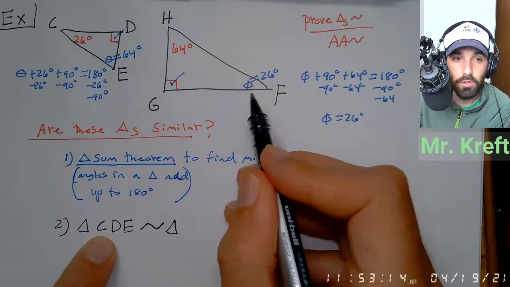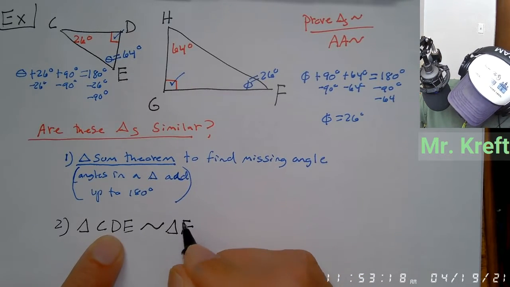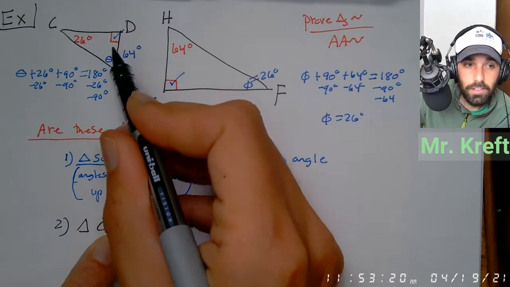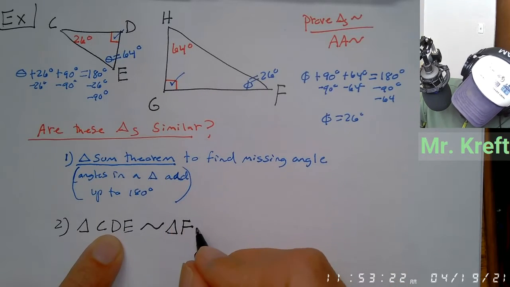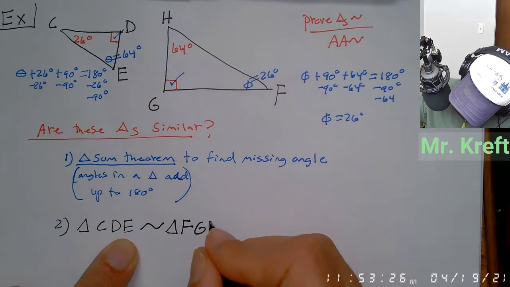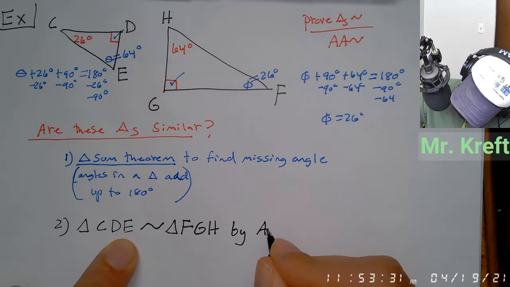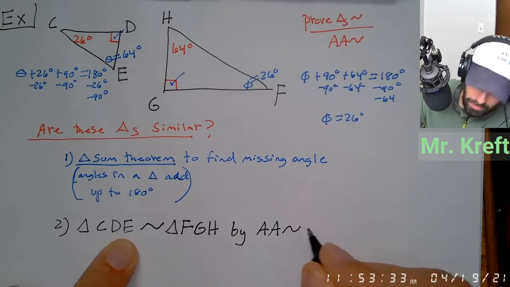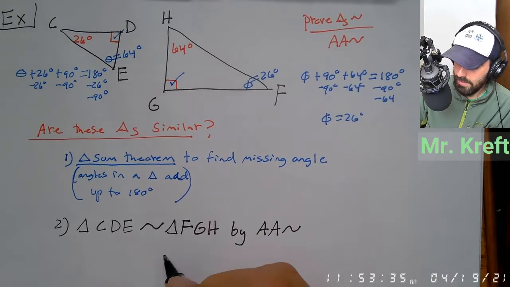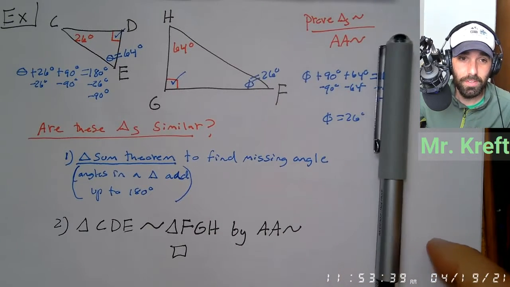So angle C is going to correspond to angle F. D is 90 degrees, so that goes with G. And E is 64, that goes with H. And then I can say by AA similarity. And I just did a proof without doing a formal proof.